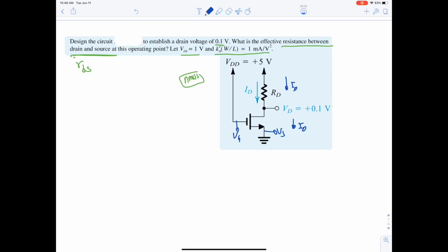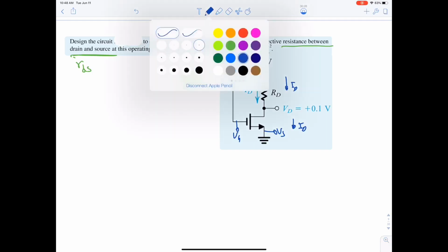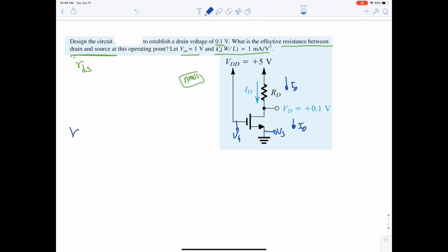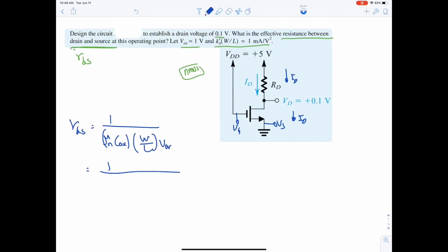Okay, so we need to find RDS. What's the equation of RDS? RDS is equal to 1 over mu n COX W over L VOV, which is equal to, mu n COX W over L is 1 milli, and we need to find VOV.